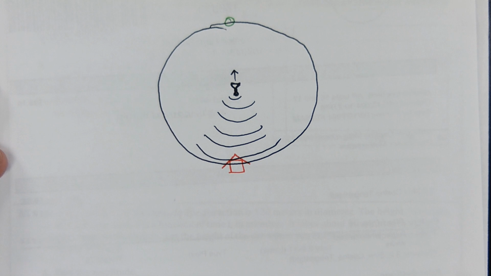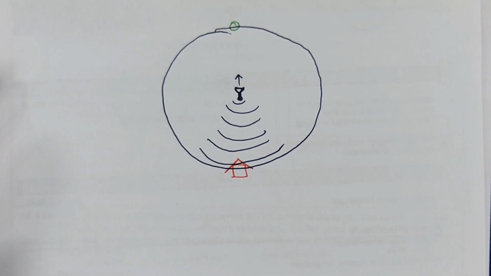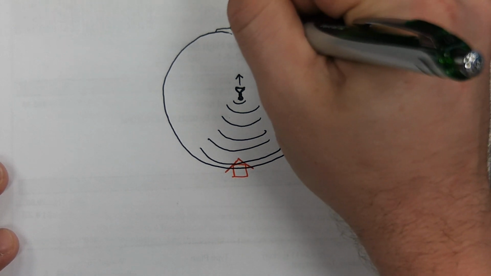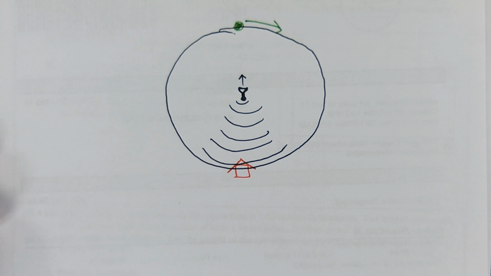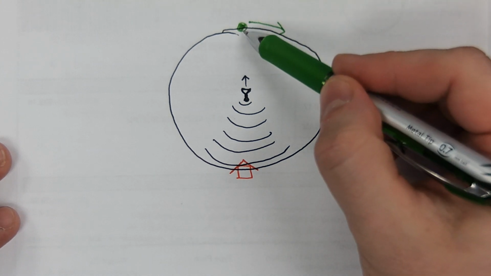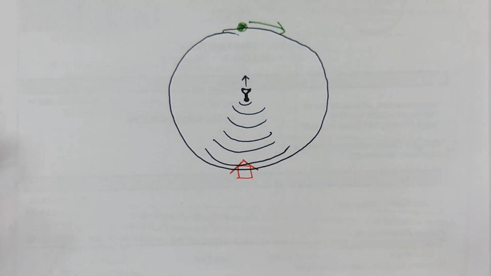There's his home, okay? So we're pretending that this green dot is the sound wave and it's going around the circle. All right? So this sound wave will hit his house every so often as it goes around and around.